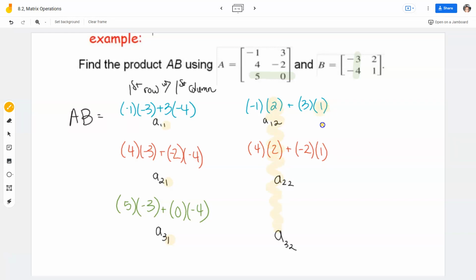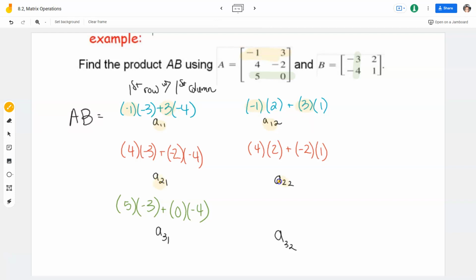And what's going to go in the second spot? The 1, because that's my second column and that's what's staying the same in each of these. But then what's going to be going on as far as the rows? It's going to be 5 in this one, for the bottom. If I look here and here, these are the first row, so the first row is going to be here and here, right?